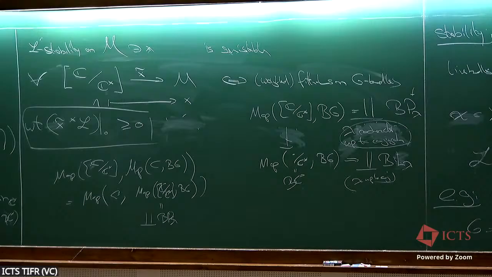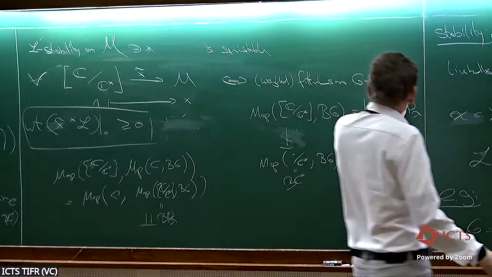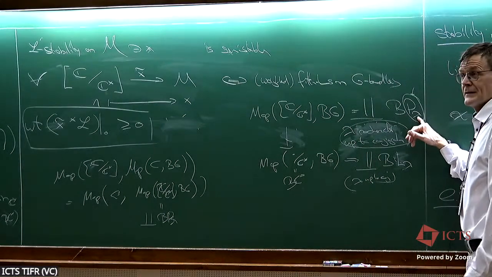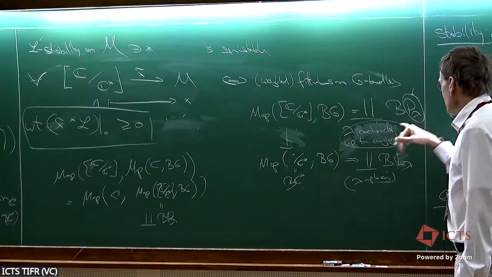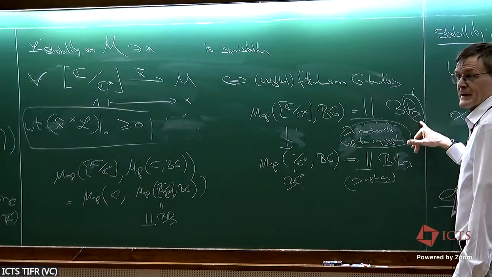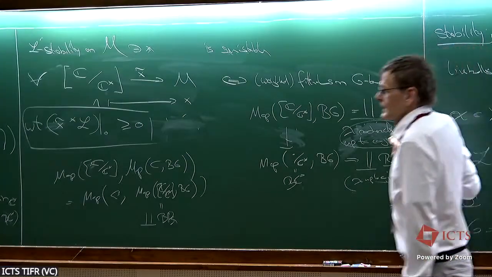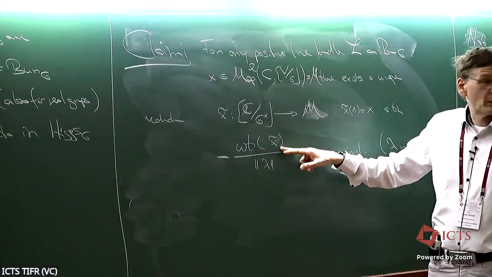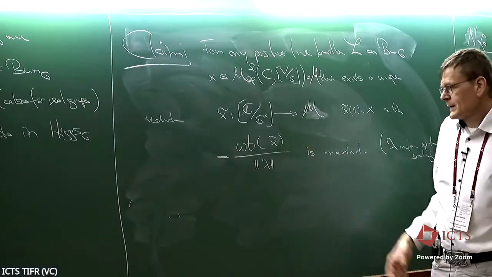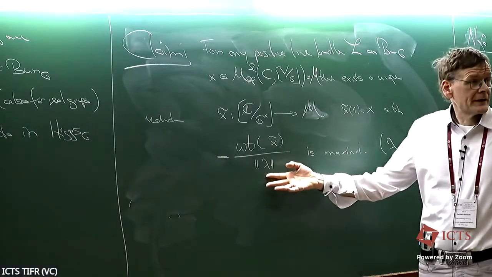If I replace λ by 2λ, you look confused. These parabolics P_λ don't change if I replace λ by 2λ. So giving me a map to this thing or to 2λ is the same thing. So I can always replace this x tilde by one where I replace λ by 2λ. This will multiply the weight by 2. And so that's why I have to renormalize.